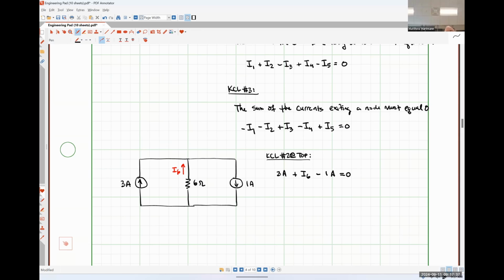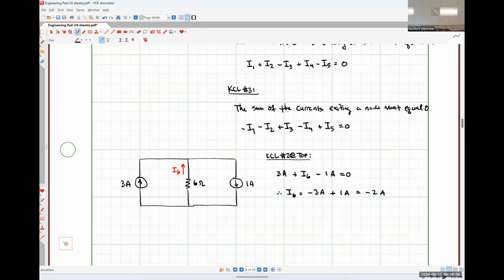And then rearranging, we would have I6 is equal to negative 3 amps plus 1 amp, or negative 2 amps. So there's KCL number 2 applied at the top node, right?